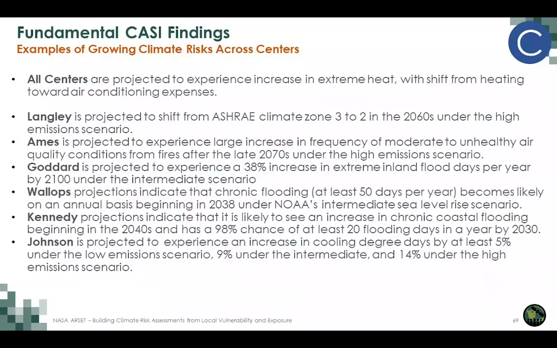Kennedy projections indicate that it is likely to see an increase in chronic coastal flooding beginning in the 2040s and has a 98% chance of at least 20 flooding days in a year by 2030. Johnson is projected to experience an increase in cooling degree days by at least 5% under the low emission scenario, by 9% under the intermediate emission scenario, and by 14% under the high emission scenario.